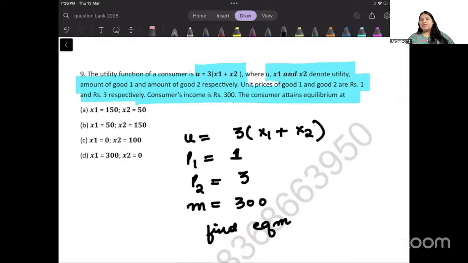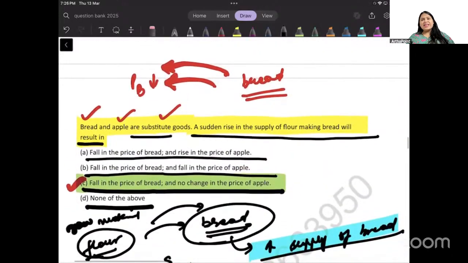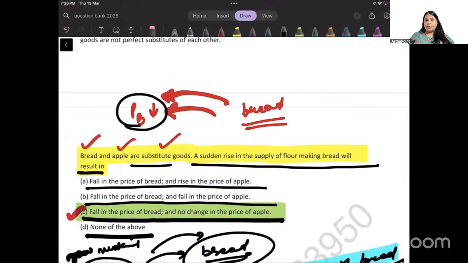Can't we say demand for apple decreases? Here in this question, we can say that the demand of apple will decrease, but we are not sure. क्योंकि जब price of bread decrease हुआ, अगर इसके बाद भी price of bread is still more than price of apple, फिर क्या करेंगे हम?